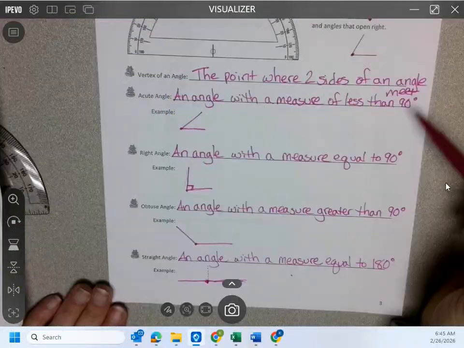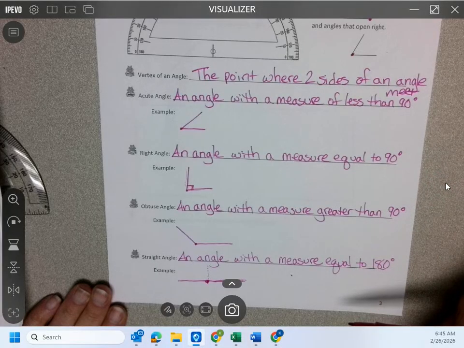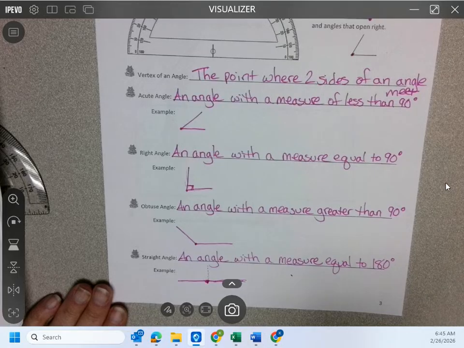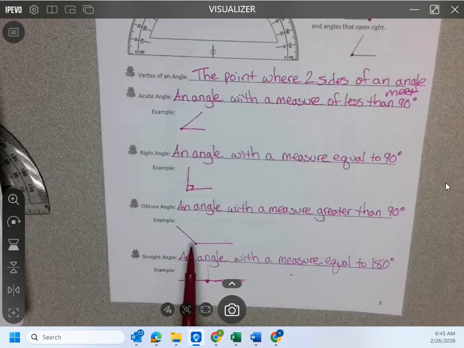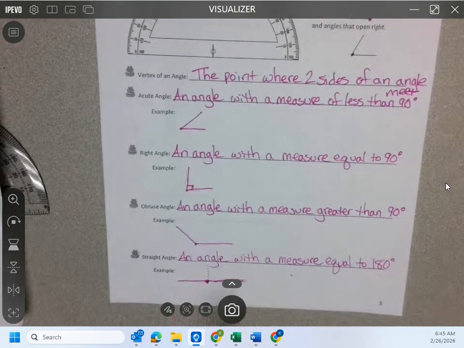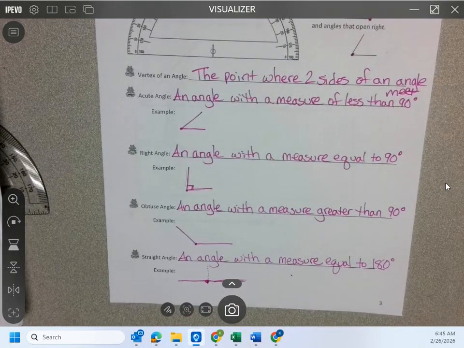So it's important that we know the definitions of our different angles, because we're going to be classifying angles. We're going to have to know, first we're going to have to know how to measure them to see if it's acute, a right, an obtuse, or a straight angle. Then we're going to write it out.